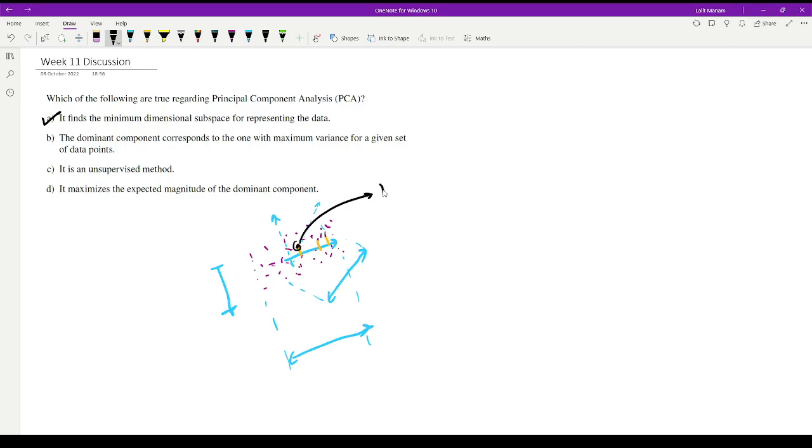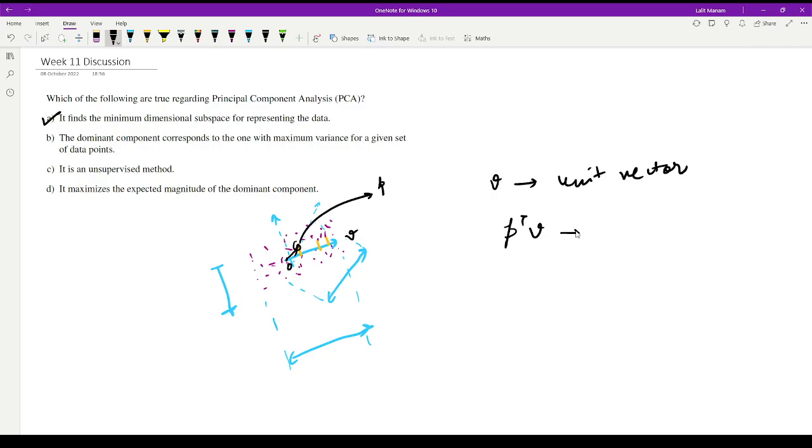If I have this point P and this direction V, this point P is some vector from the origin O. If V is a unit vector, then the projection onto the direction V, let us call it small p, should be P transpose V, right?